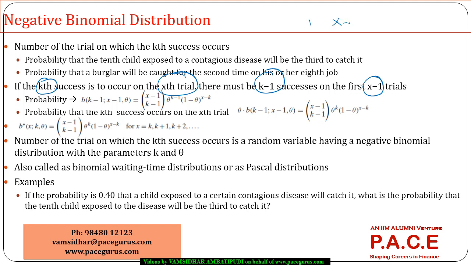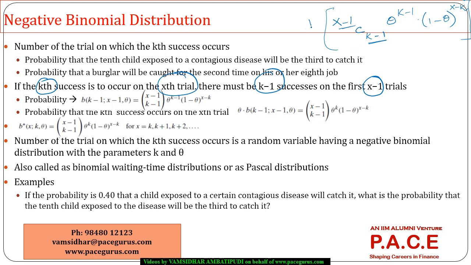I have done x minus 1 trials and I have already got k minus 1 successes, which would have occurred in x minus 1 c k minus 1 ways, because out of x minus 1 trials I need k minus 1 successes. Theta is the probability of success, so it becomes theta to the power k minus 1. 1 minus theta is the probability of failure, it becomes to the power x minus 1 minus k minus 1, which becomes x minus k. So this is the probability of getting k minus 1 successes in x minus 1 trials.